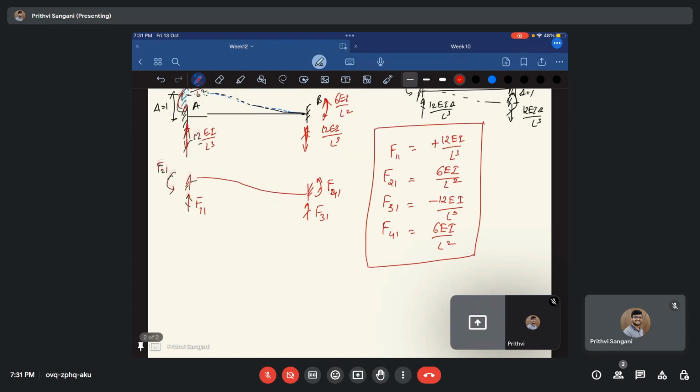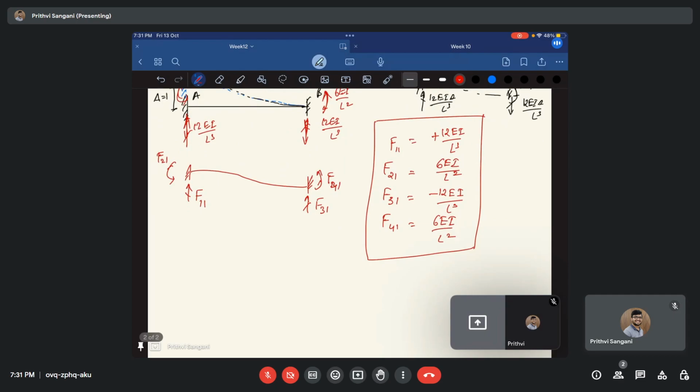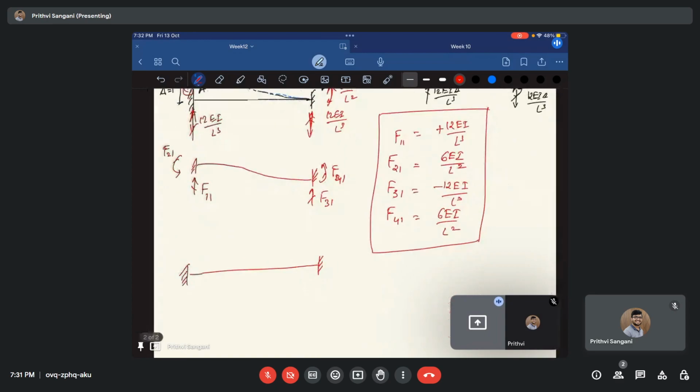Now if you want to obtain the next terms of the stiffness matrix, you should have a fixed condition again. And what is my second degree of freedom? The second degree of freedom is a rotation.